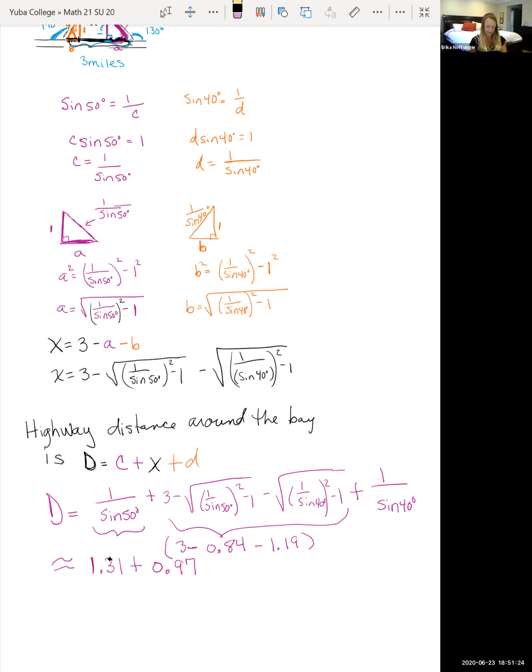And then 1 divided by sine of 40 gives us approximately 1.56.